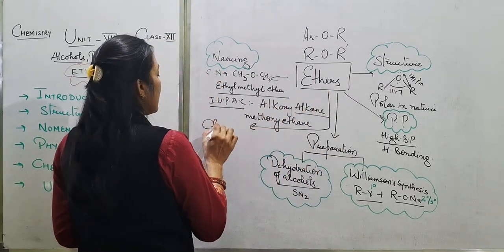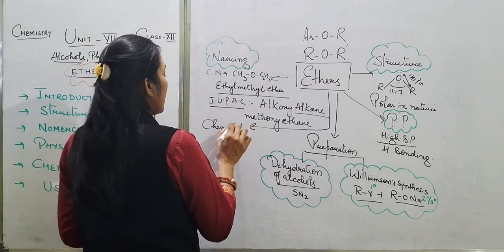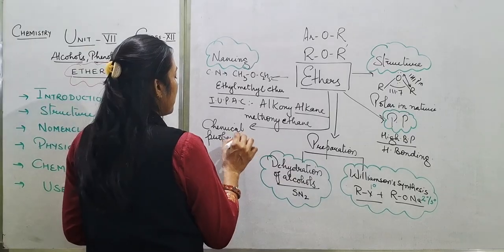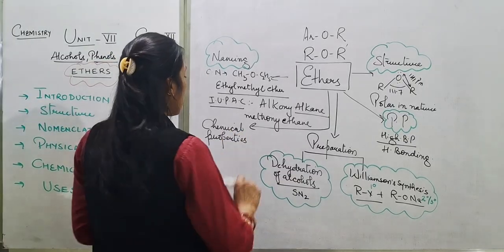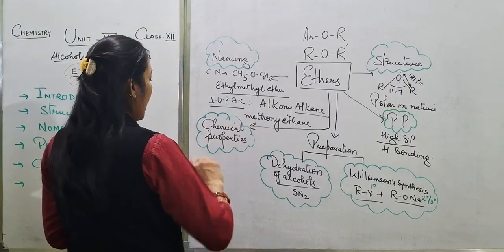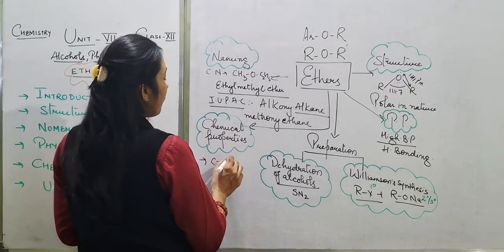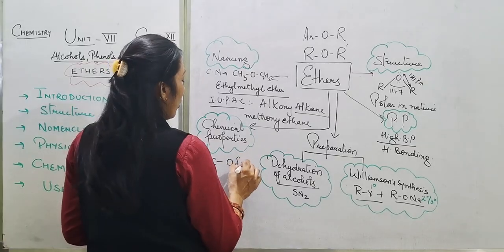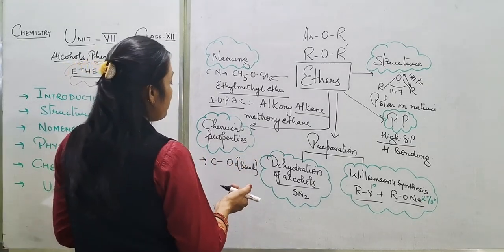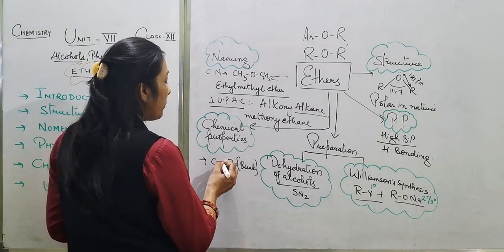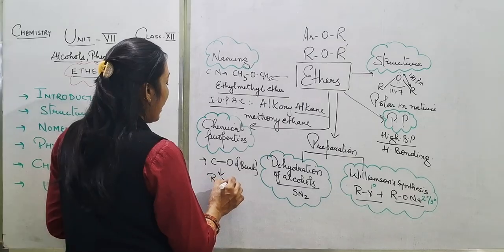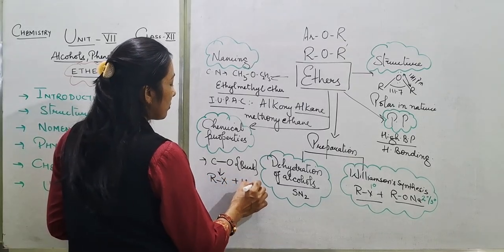And if we talk about the chemical properties, ethers give chemical reactions due to the cleavage of the C-O bond, or break of the C-O bond. When the C-O bond breaks, we get alkyl halide plus water.